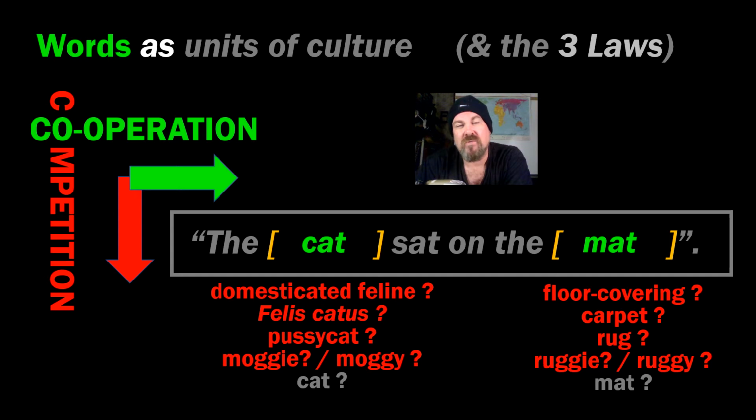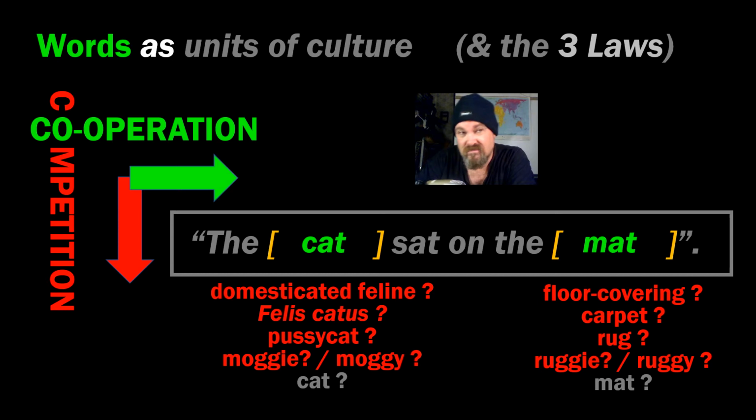And so that's what I mean by cooperation, or words operating together to compose a larger whole, so a sentence. And the competition kind of goes vertically rather than the cooperation, which goes horizontally.